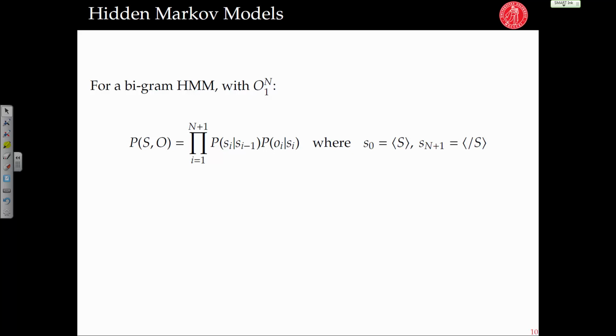This conditional probability is very similar to the bigram language model from last week, but now we're working with part of speech tags. We multiply that by the probability of seeing an observation Oi given that we have seen the hidden state Si. And again, we introduce S0 and n plus 1 as the start and end symbols.